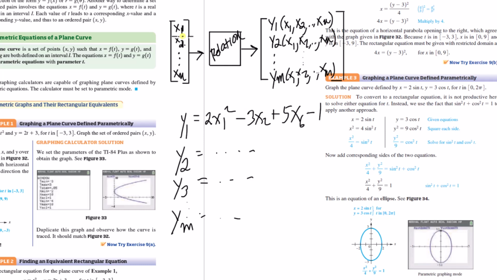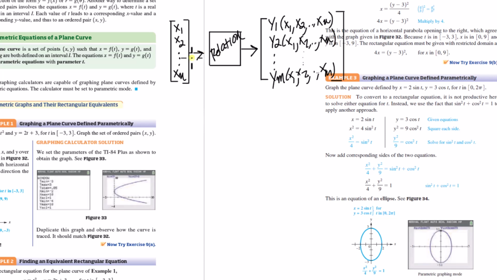So all vector-valued functions you can technically consider as a set of parametric equations, but not every parametric equation is a vector-valued function. The reason is because even if we had a single input and a single output, for example, x of t is equal to t squared minus 1.